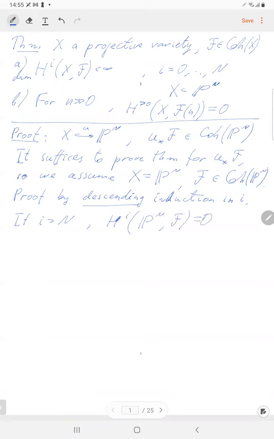So both A and B are true, and we can start our induction going down.